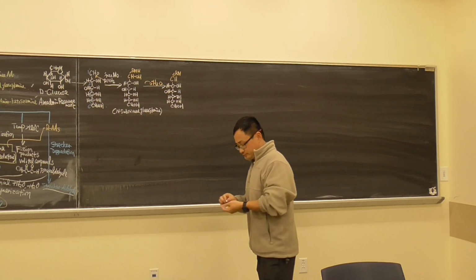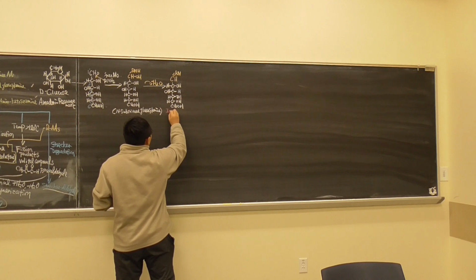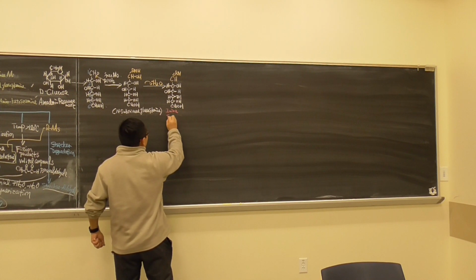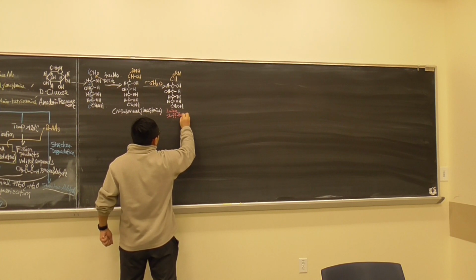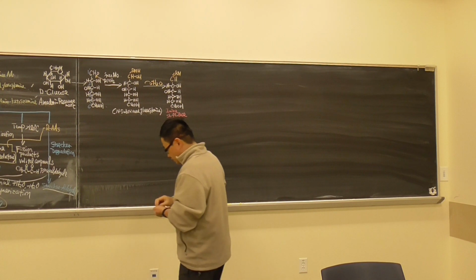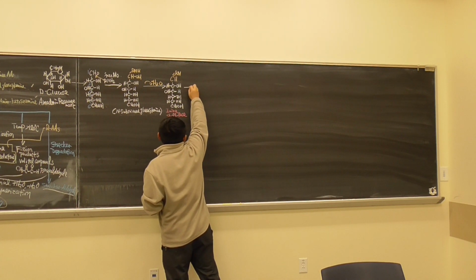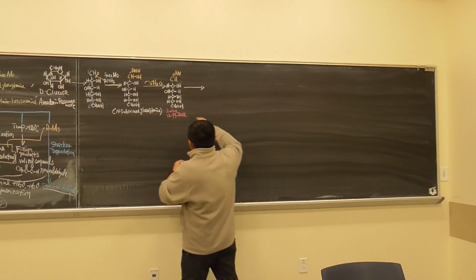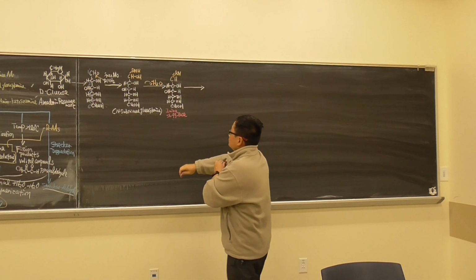What is this one called? Some people say this is the imine. Some people also call this a Schiff base. Okay? It's an intermediate product, so we don't care about this too much. Then the next one. What happened? It will happen again at carbon number 1.